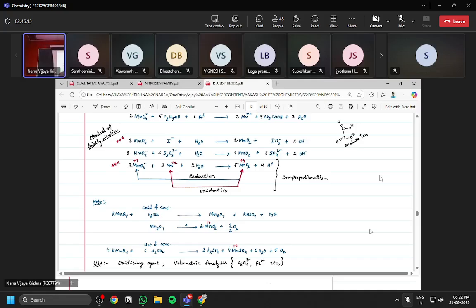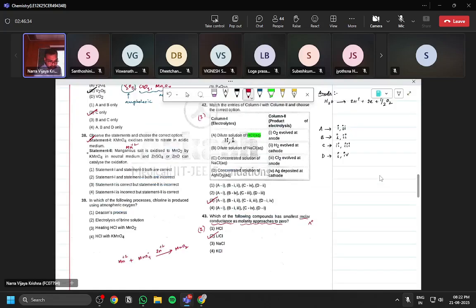Comproportionation reaction example. Manganese is in plus 7 state in KMnO4 and Mn plus 2. Both will convert into MnO2 in presence of zinc Zn plus 2 or zinc oxide or zinc sulfate as an intermediate catalyst. Right? This reaction they have done. So this is correct. Statement 1 and statement 2, both are correct.